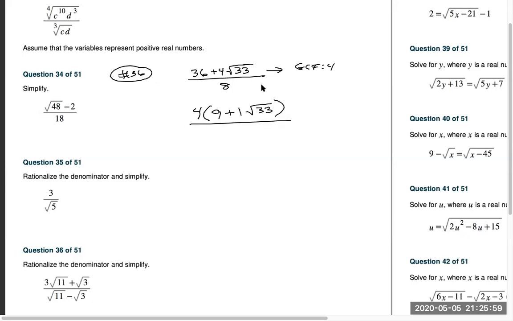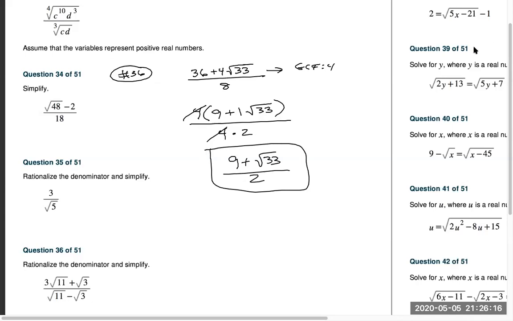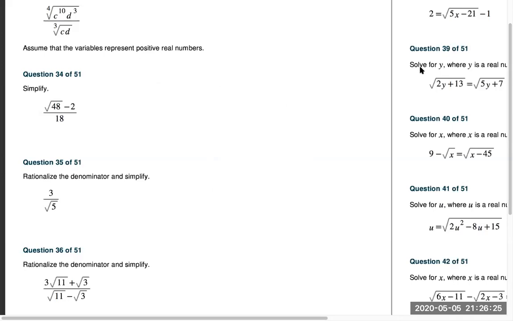We can factor out the same GCF from the bottom. 4 cancels 4. We have 9 plus root 33 over 2. Let me go ahead and clear this out. Let's move to the next page.